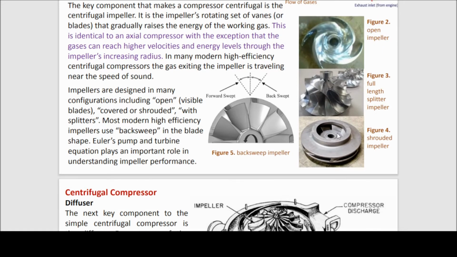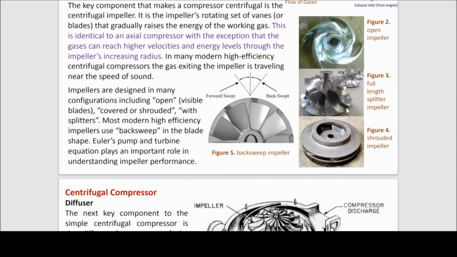Open impeller: here you can see there are two discs, up and down side, and here you can see some vanes. This whole thing is called the impeller, and this is actually a vane. There are two discs, so it is a shrouded impeller, or covered, fully covered you can say. There are other impellers where there is only one disc on one side, then it is called semi-open.